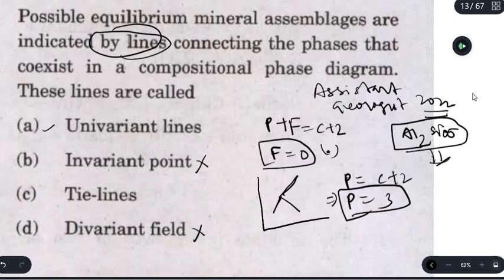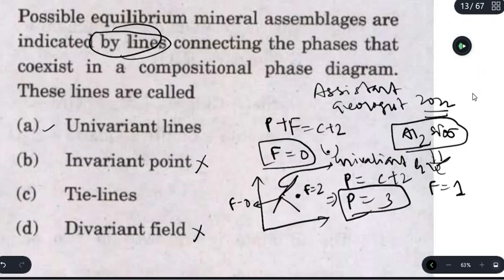You again rejoin. Okay. So see, this is the divariant field where the degree of freedom will be 2. This is the invariant point where the degree of freedom will be 0. This is the univariant line, where the degree of freedom will be 1. If the degree of freedom is 1, then how many maximum phases are possible?